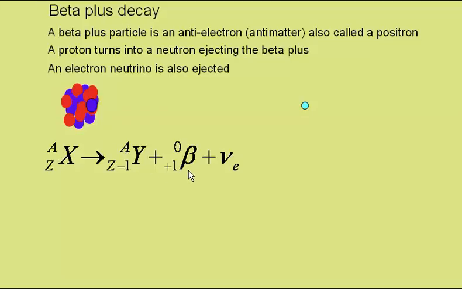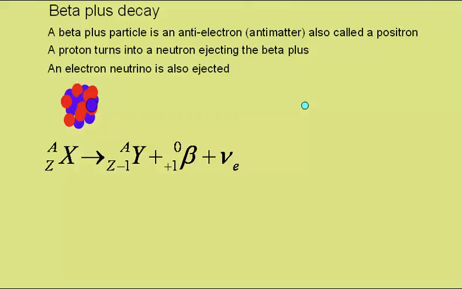This is the symbol for the beta plus particle. Sometimes, instead of the Greek letter beta, a lowercase p is used for positron. And this is the electron neutrino.